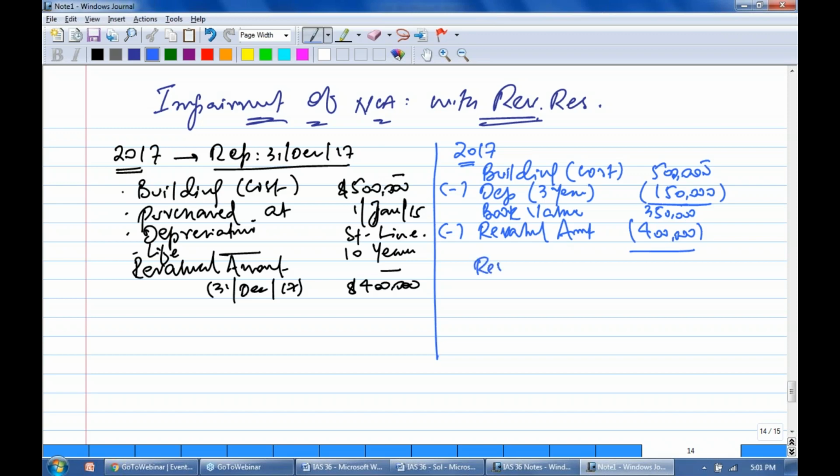That means revaluation reserve of 50,000. It's very simple.